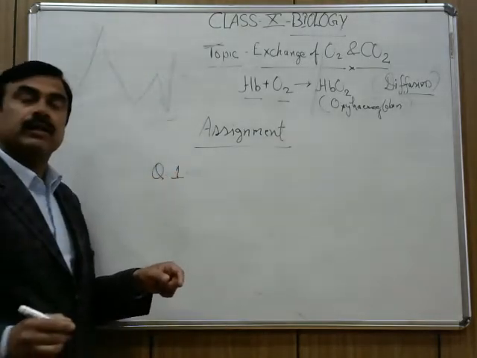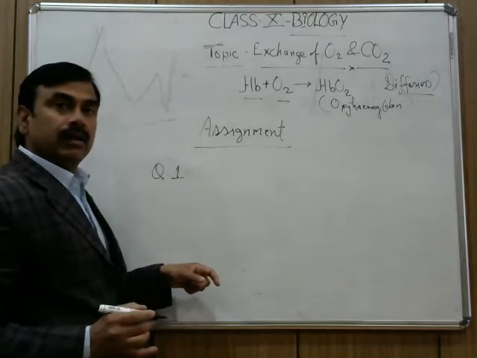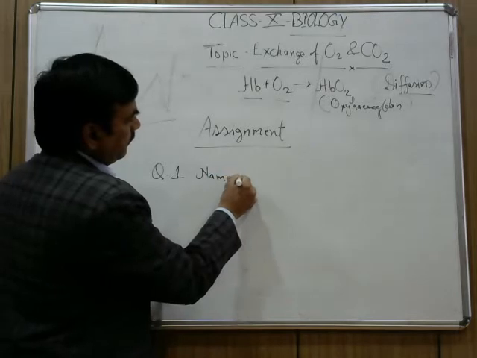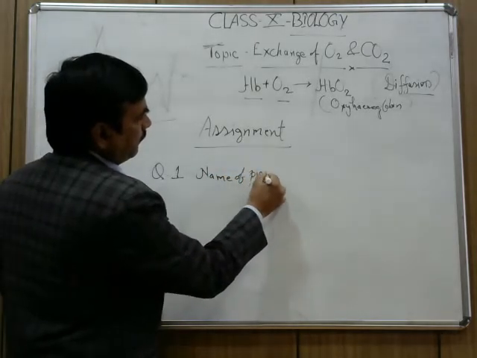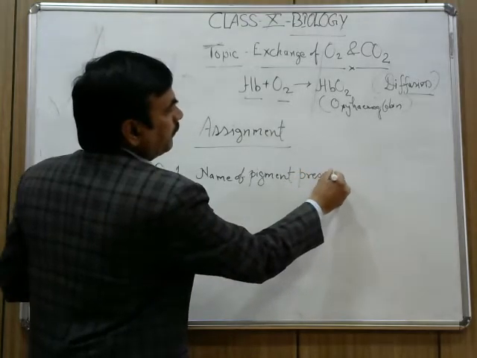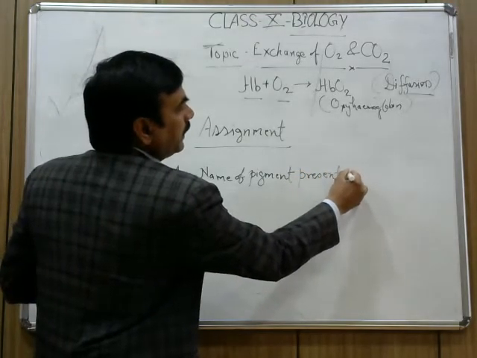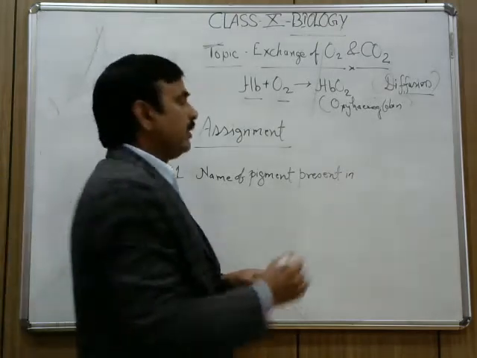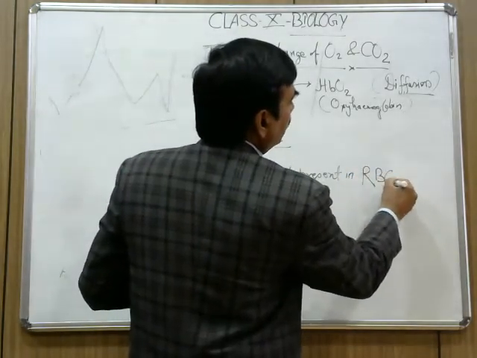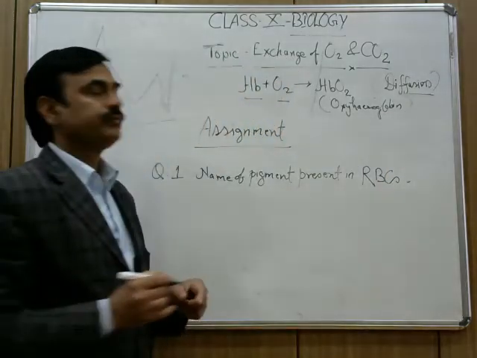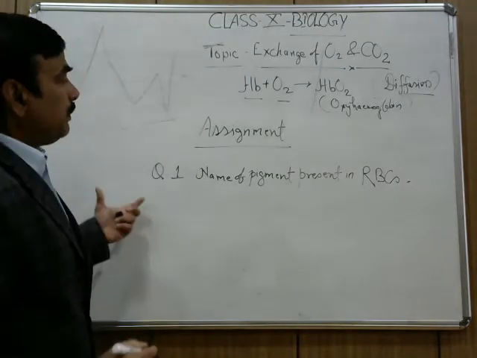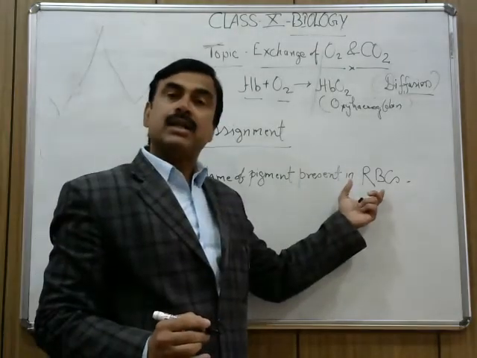First is the name of the pigment present in RBCs. Okay. Which pigment is present in the red blood cells?